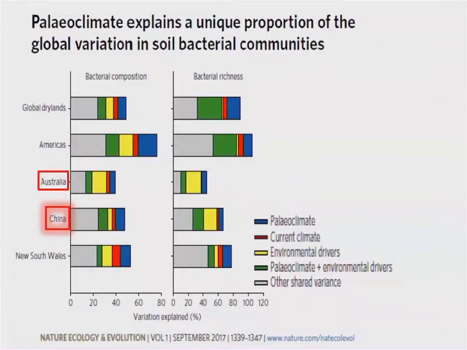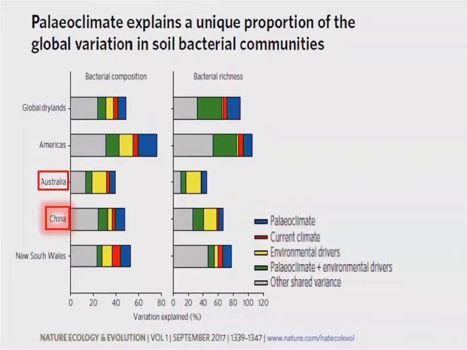If we do some synthesis, incorporating the previous data, for example, together with America, Australia, China, New South Wales, we can identify which factors are driving this very large-scale distribution of the microbial community. So actually this is a paleoclimate effect, because the soil development is largely driven by paleoclimate, certainly temperature, vegetation, and many other factors.